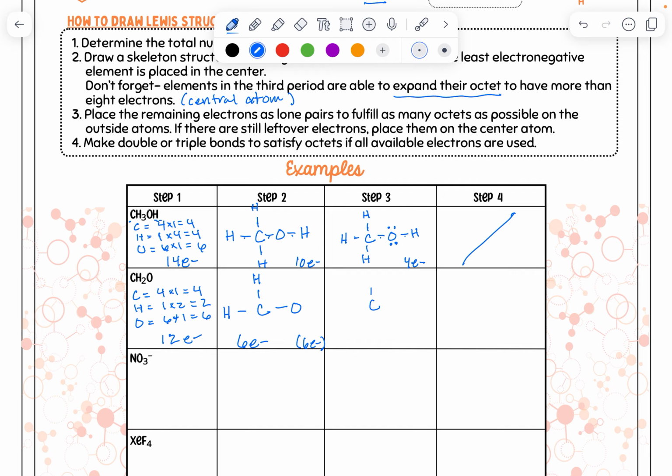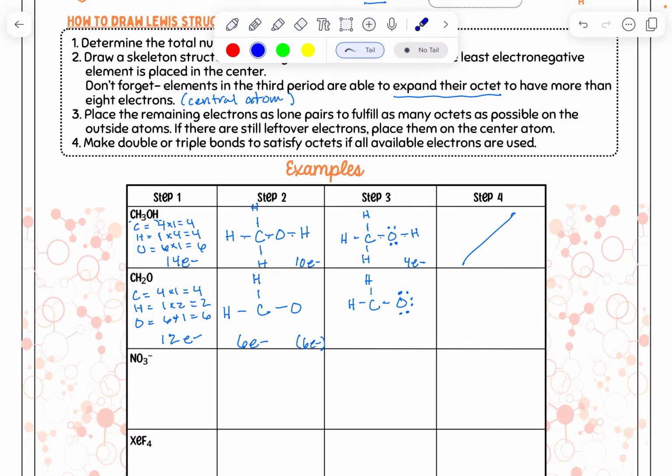So I'm going to put my valence electrons here. So now I have 2, 4, 6, 8, 10, 12 electrons.